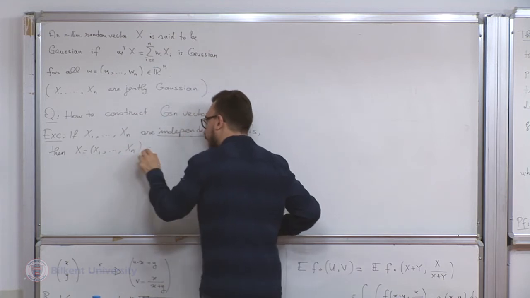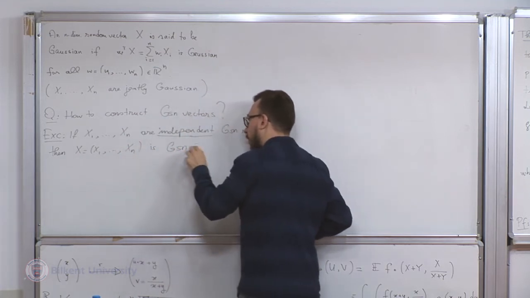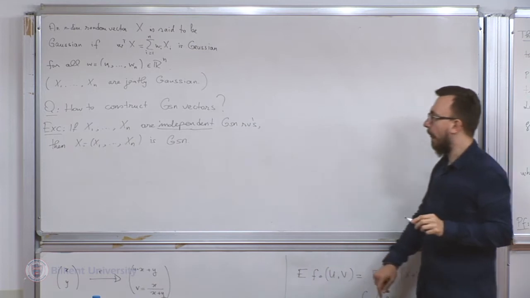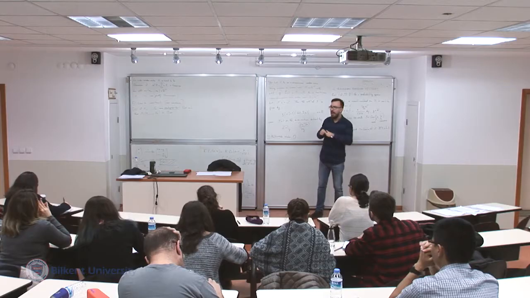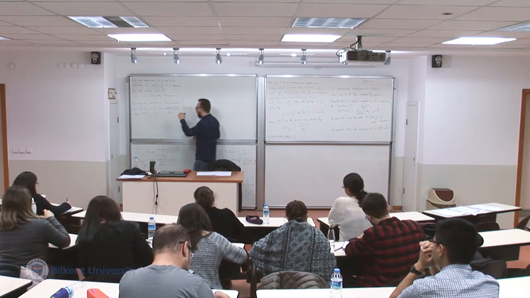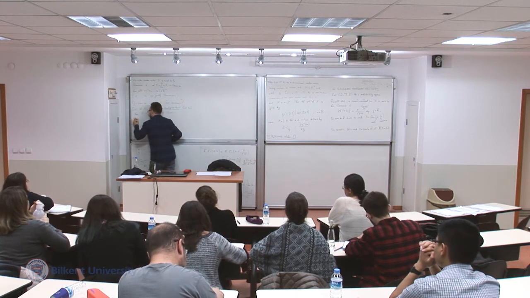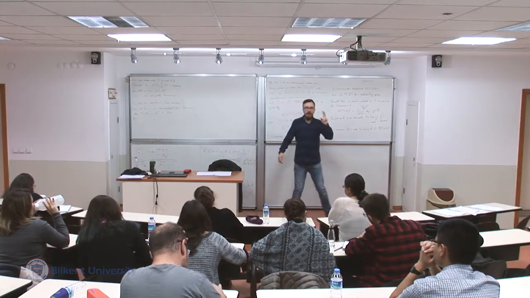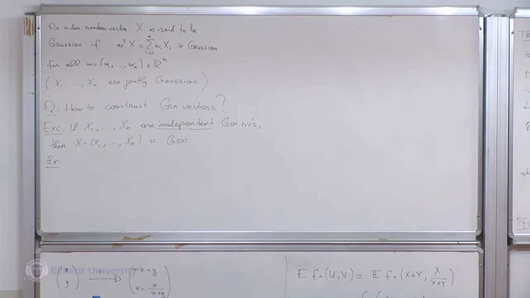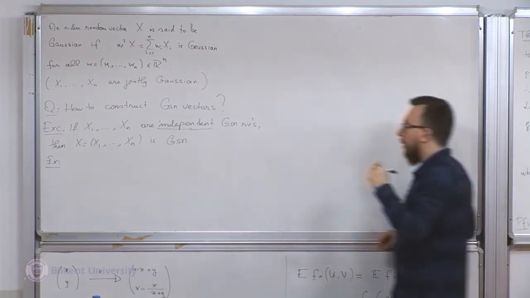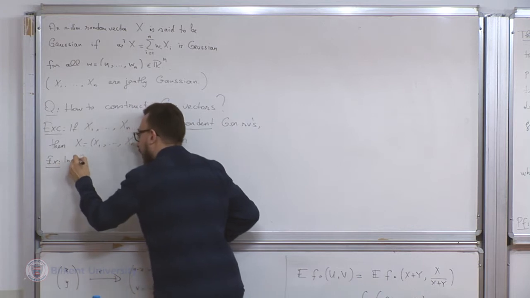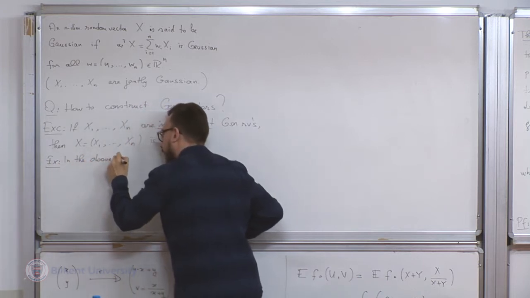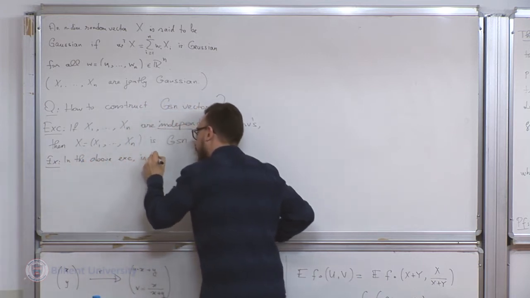So the vector X is Gaussian. I'm not going to prove it, but I'm going to give you an example of two random variables, each of which is Gaussian, but together they don't form a Gaussian vector. So in the above exercise, independence is important.